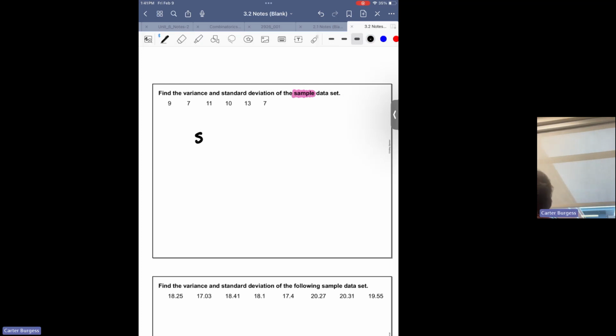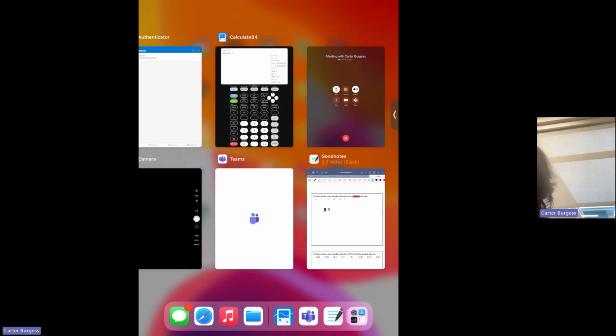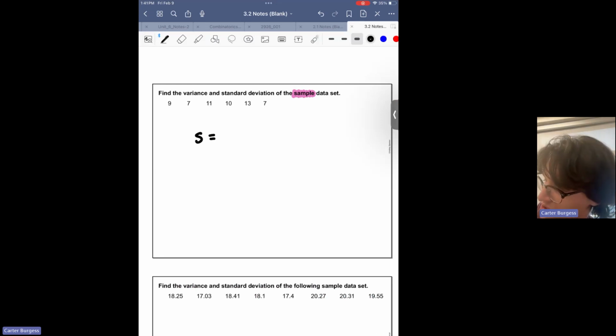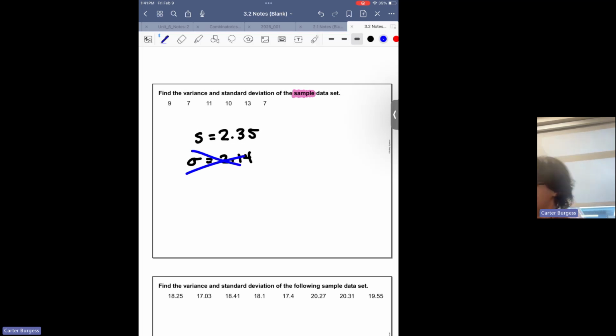It'll tell you in the question, or I'll make you say whether it's a sample or a population, and then you'll use the one accordingly. And so our sample standard deviation was 2.345. Let's round it to 2.35. Yes, sigma also exists, 2.14, but we're not using sigma because this is a sample rather than the population.